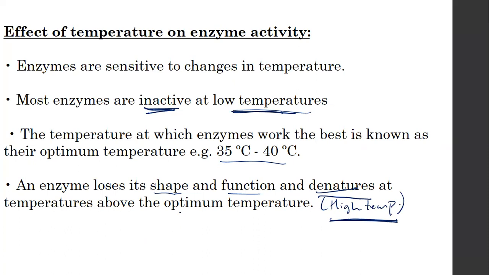That's what I'm saying to you: enzymes are specific about their temperatures. There are enzymes that work best at low temperatures, even though they say most enzymes are inactive there, while some enzymes work best between 35 and 40, and so forth.